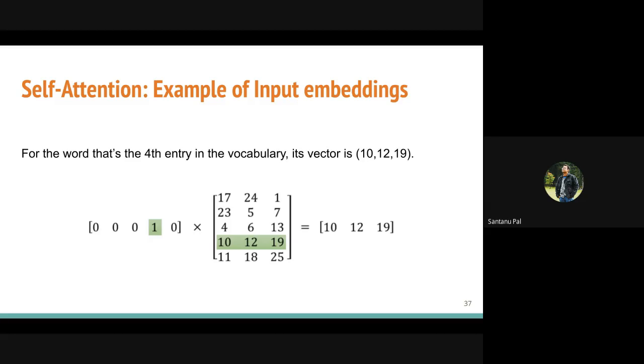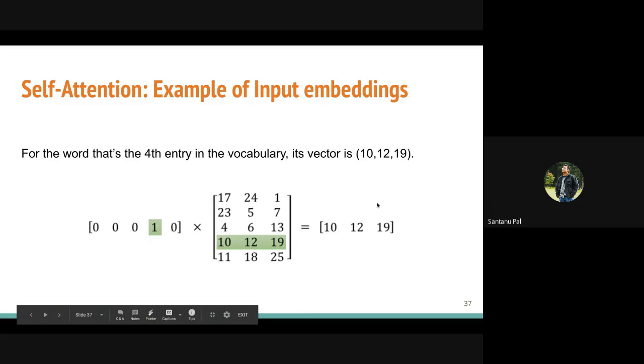So each row and column has some value, and then during the training process these weights are tuned so that your embedding matrix will be learned. Then this embedding matrix is multiplied with your input vector, which is a one hot vector representation, and it will embed each of your source words.